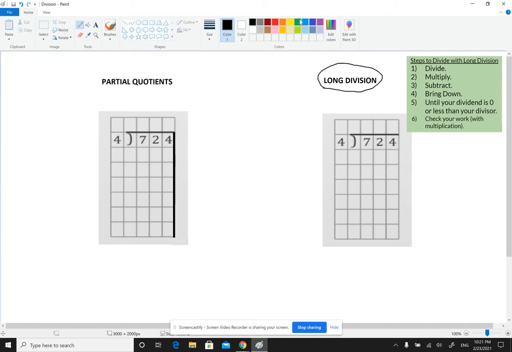So with partial quotients, we can identify that we're going to be dividing 724 into groups of 4. So the first thing that I'm going to say is, what multiple of 10, 100, 1,000 can we multiply our divisor by in order to take a big chunk of this dividend, right?